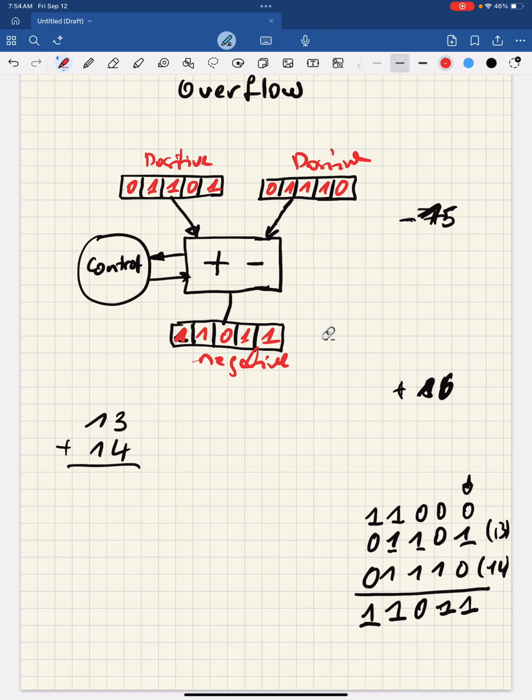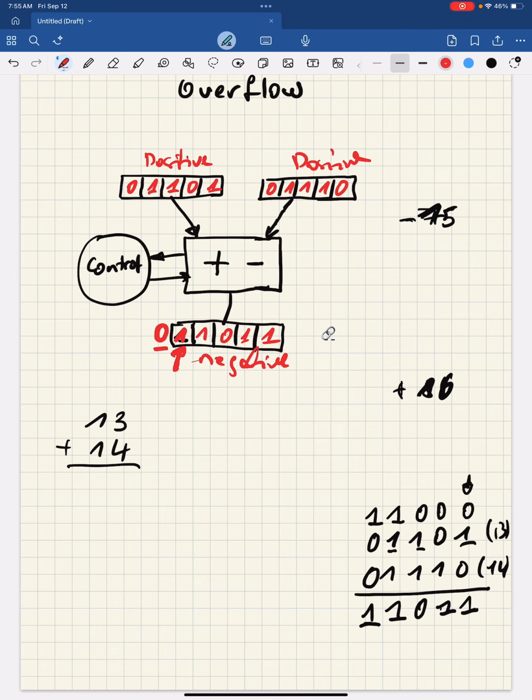So the overflow is not the bit that we have in here, but is what we need in order to get the result correct. In order to get our result correct, we will have to expand this here with a 0. And expanding that with a 0 means that our result will now fit on 6 positions.